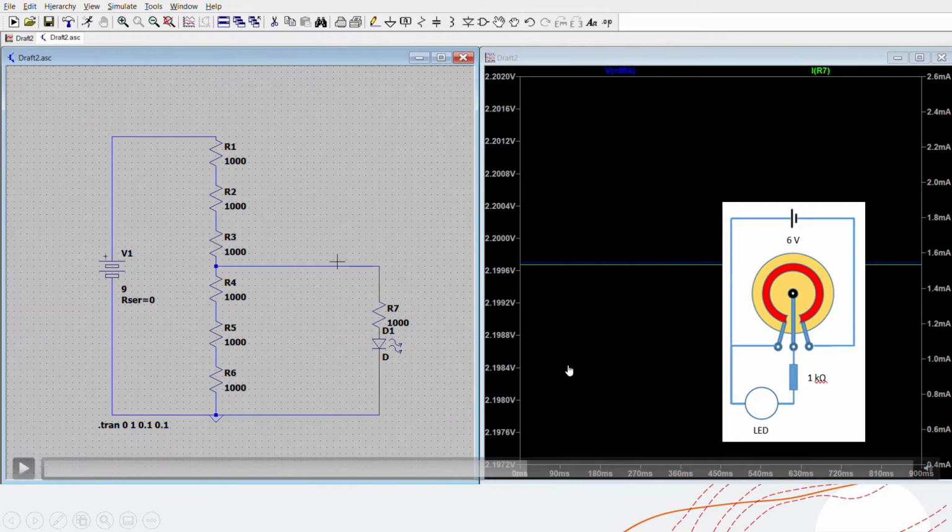Now let's adjust the wiper up to the middle. So here is our wiper now. Our wiper in the circuit is positioned at the middle. Checking the voltage, we have 2.19 volts.